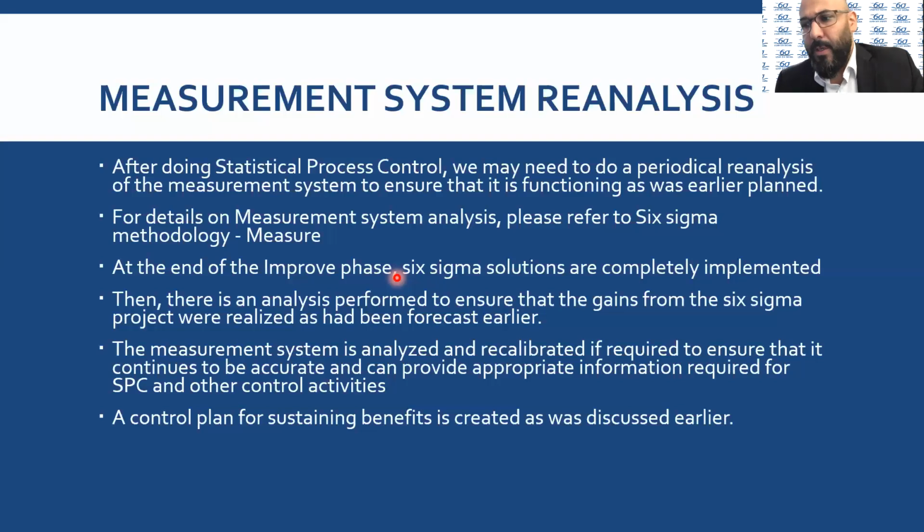Some of the things that we could use to sustain the benefits are lean techniques, which I'm going to talk about in just a few minutes. Lean techniques such as visual management. Instead of leaving the system as it is after we improve the process, how about if we create a visual management?